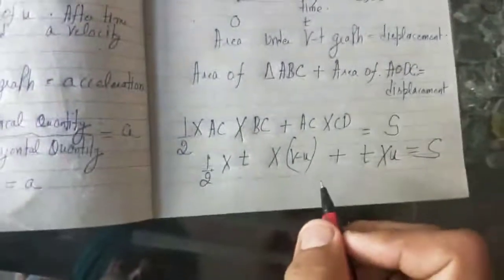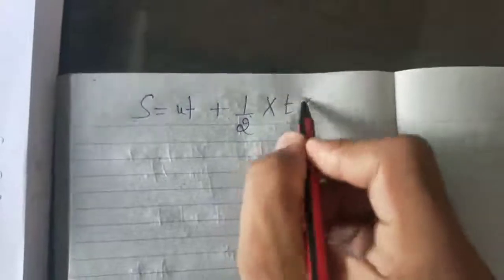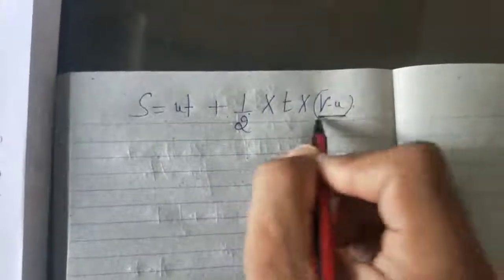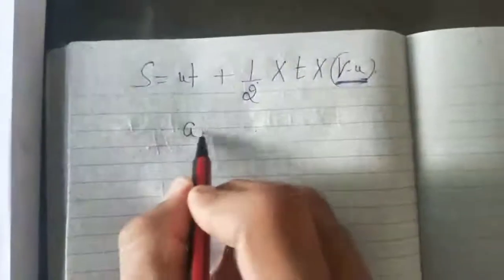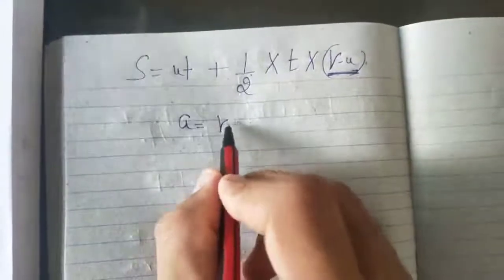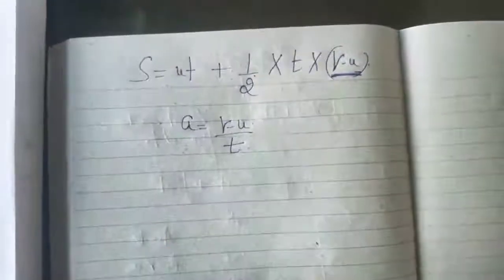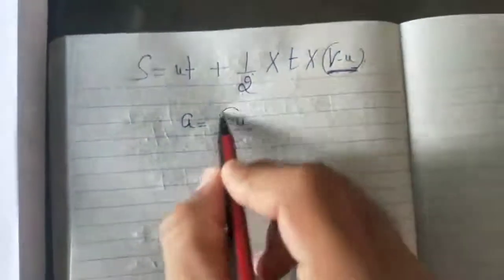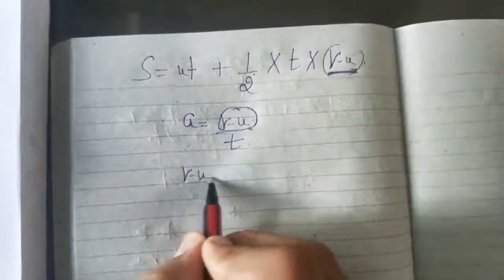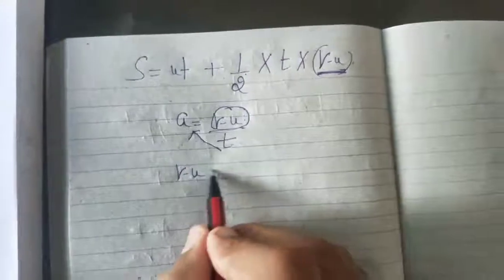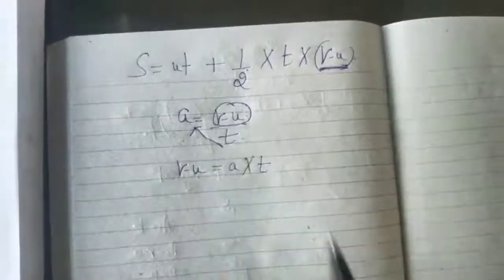Okay, so write again on the next page. S is equal to what we have achieved: ut plus half into t into v minus u. This is not required, but we know that acceleration is equal to v minus u upon t. So v minus u can be written as acceleration into time.